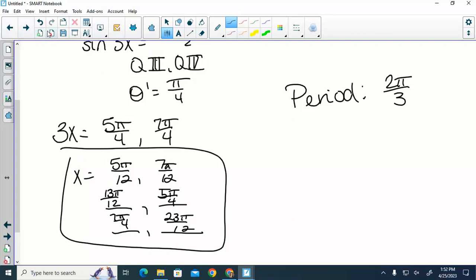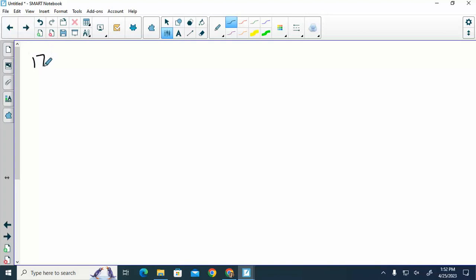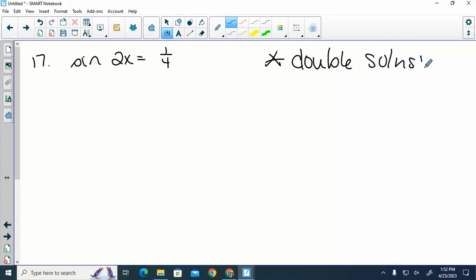One more. Let's look at 17. Right, the sine is already by itself. 2x tells me what? Okay, quadrants, when is sine positive?